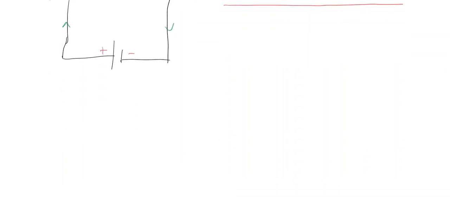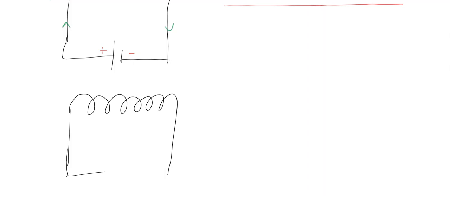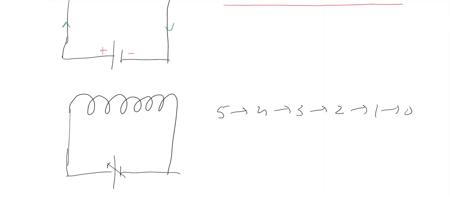But after reaching 5 volts, suppose now you are going from 5 volt to 0 volt. Again you are changing voltage, but now you are going from 5 to 4 to 3 to 2 to 1 to 0. You are trying to decrease the voltage. So at that time, what is the nature of the induced EMF?